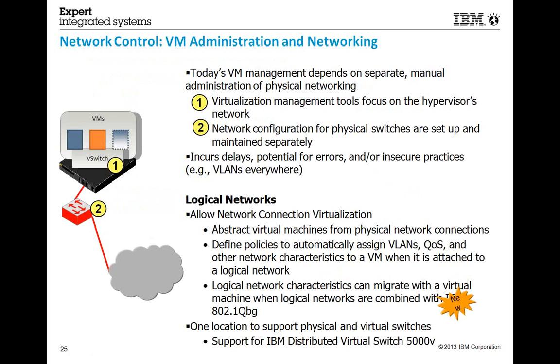For example, right? Today's VM management depends on separate management and administration of physical networking. Right? You have virtualization management tools to focus on the hypervisor network and network configuration of physical switches. Therefore, there are a lot of delays and errors. By creating a logical network in the virtual world, all of that complexity gets managed by the system, reducing human error.